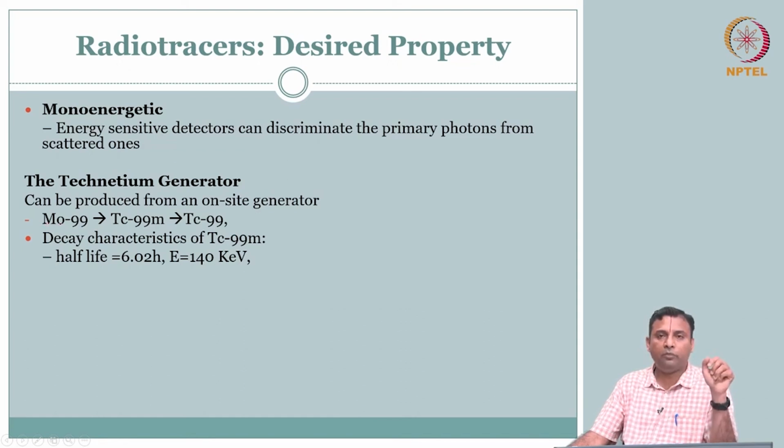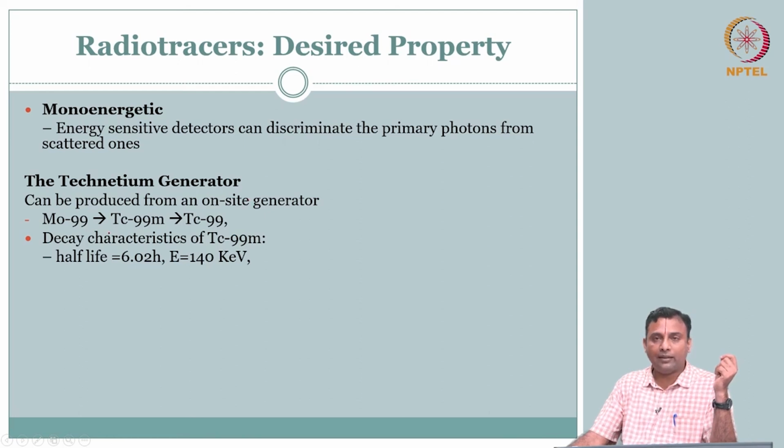So you have this molybdenum that gets, when you do this preparation, it gets to your technetium 99, which is in the higher energy state, which we call the metastate. But it cannot stay in that metastate, because it is a high energy unstable state. So immediately what it will do is, it will give out gamma rays and come down to more stable technetium 99. So the idea is, you can prepare this at the site before administering.